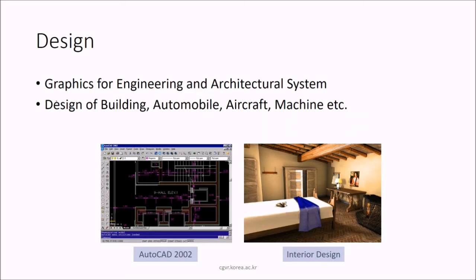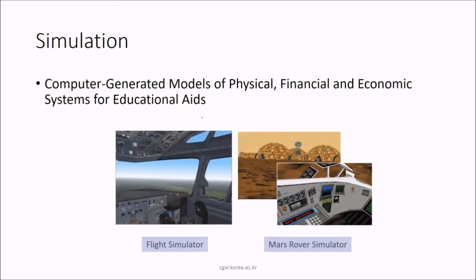Then graphics for engineering and architectural systems, like design of a building, automobile, aircraft, machine, or even a house. This is an example of AutoCAD, where you can design a machine part or a building. This is interior design. Though it looks very natural, you are aware that your house is going to look like this with the help of computer graphics.